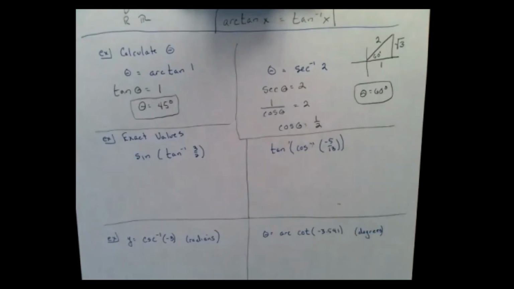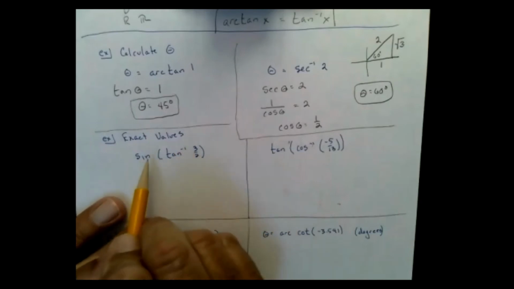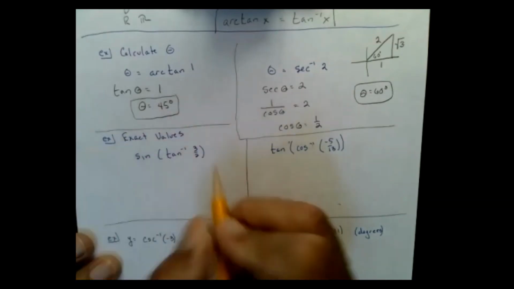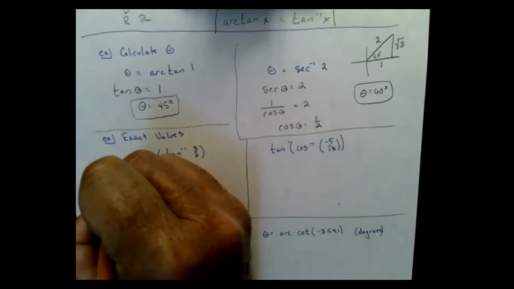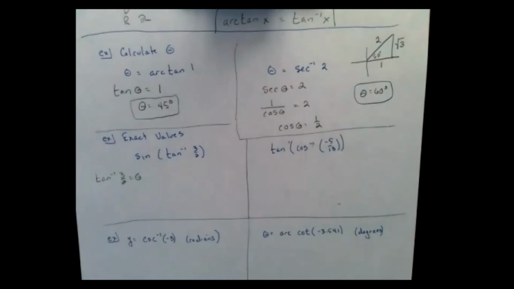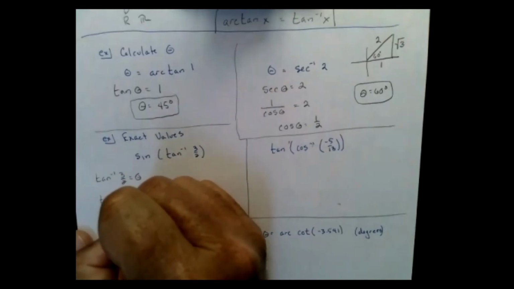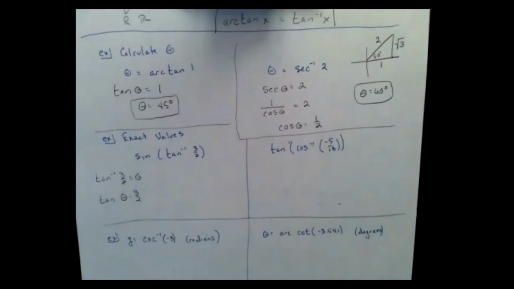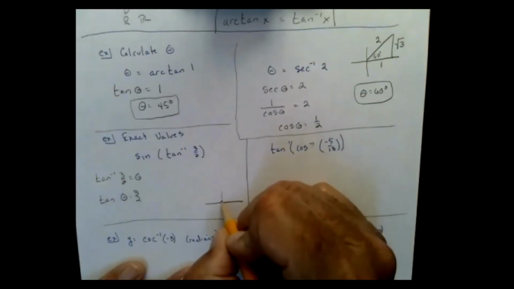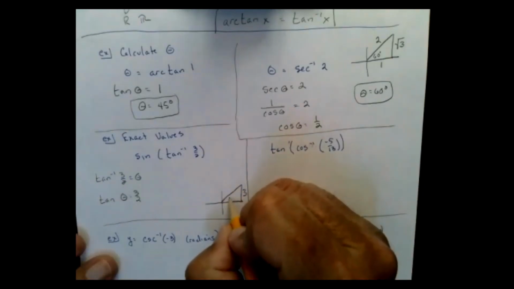Okay, I need to find the exact values. I know for a fact that this is an angle measure. So the sine of this angle measure is what I'm trying to find for an answer. I know that the inverse tangent of 3/2 equals an angle measure. I know that the tangent of theta equals 3/2. Quadrant 1, tangent 3 over 2. Here's theta.